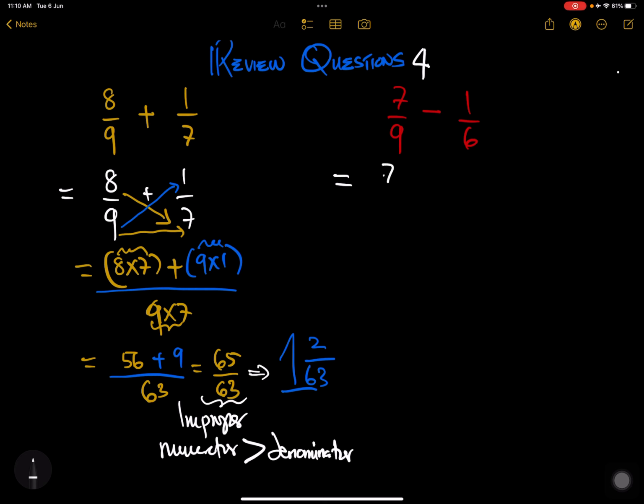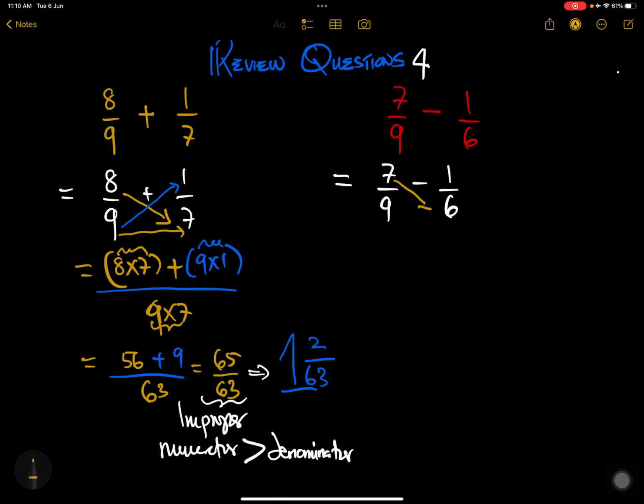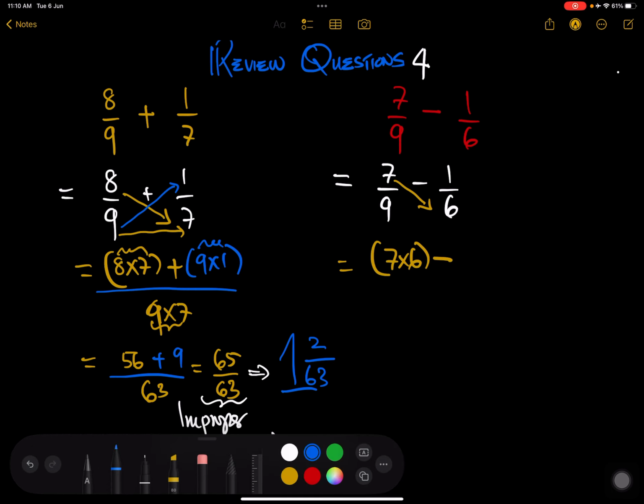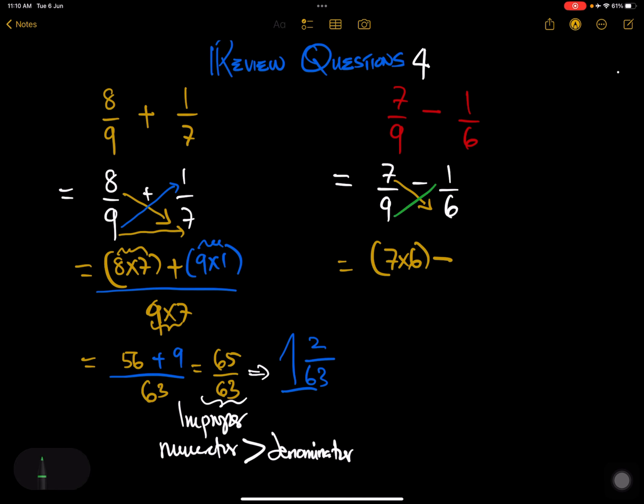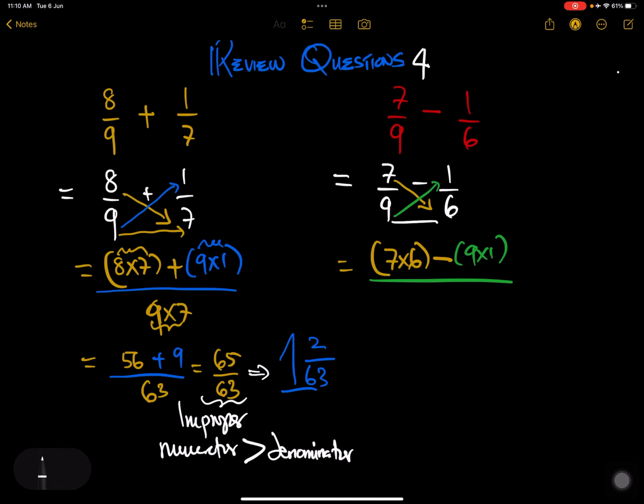So equal to 7 divided by 9 minus 1 divided by 6. And we said that we will multiply this 7 by the 6, and then we're going to subtract that from 9 times 1, and divide everything by this 9 times 6.